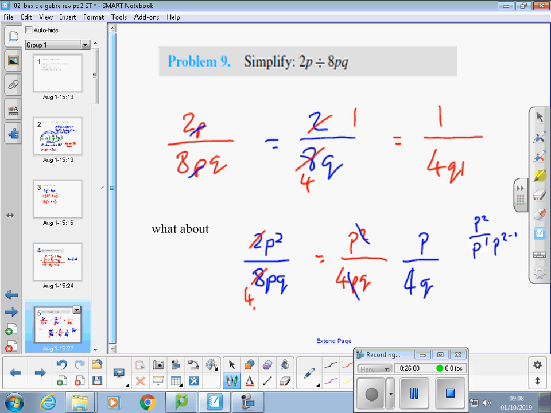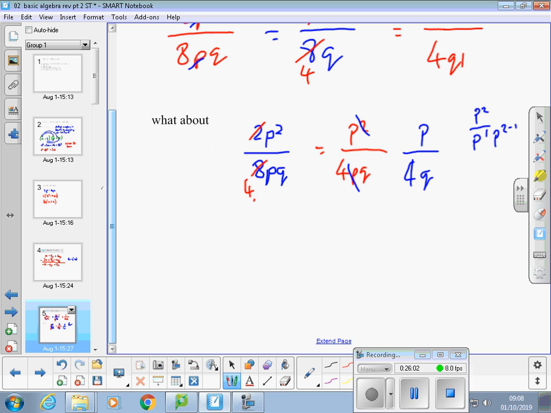Let me write that out in a slightly different way. We've got p squared divided by 4pq, and what we're doing is dividing the top and the bottom by p. That's the process.